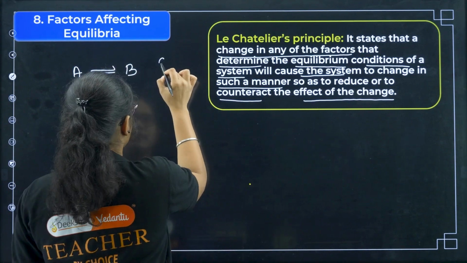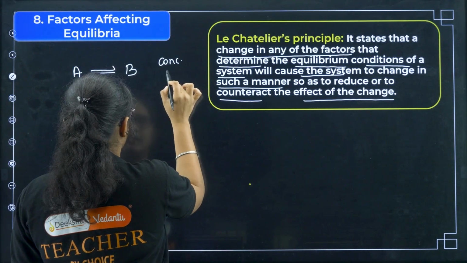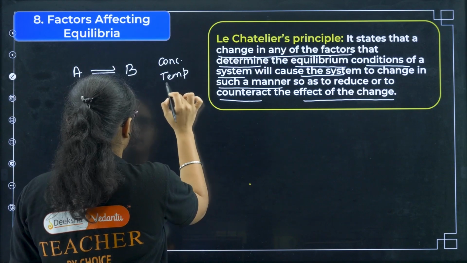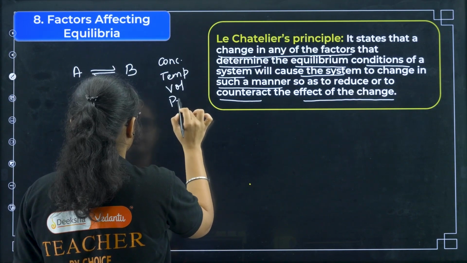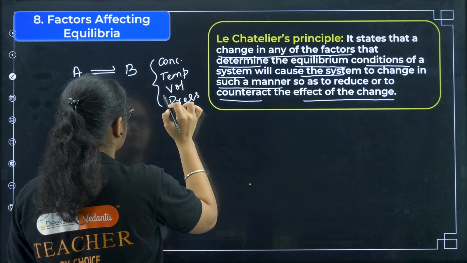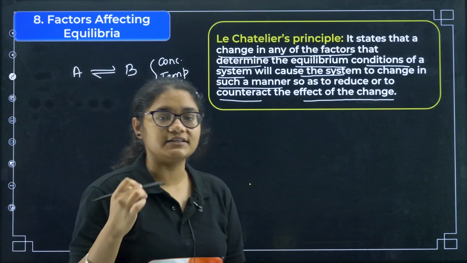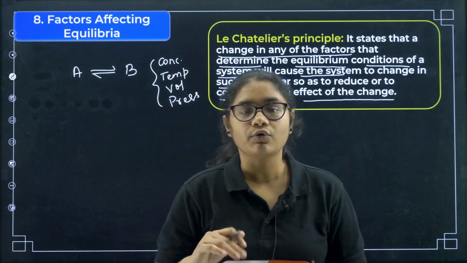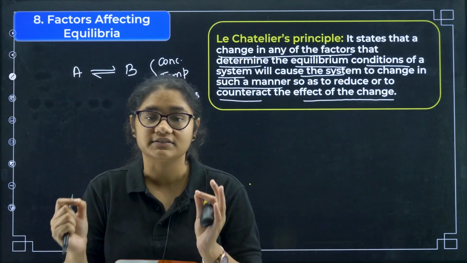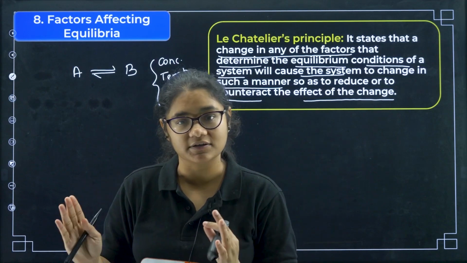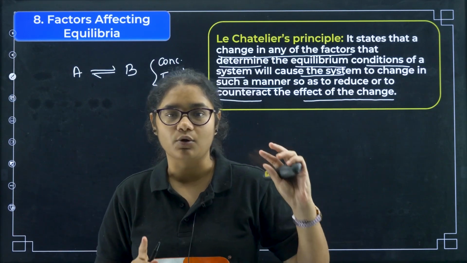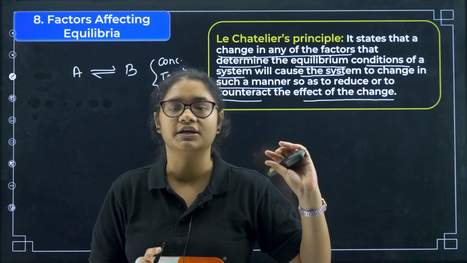First, you can change the concentration, temperature, volume, pressure. These are the main 4 things with which you can change the equilibrium. So you can disturb the equilibrium by changing the concentration, temperature, pressure or volume.